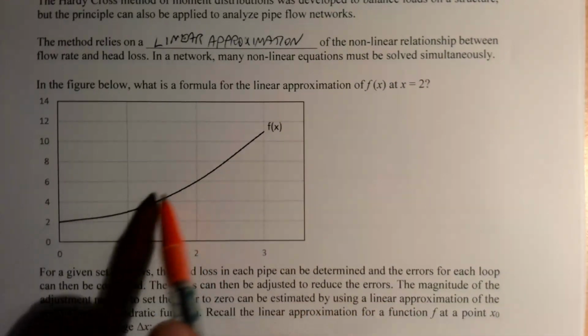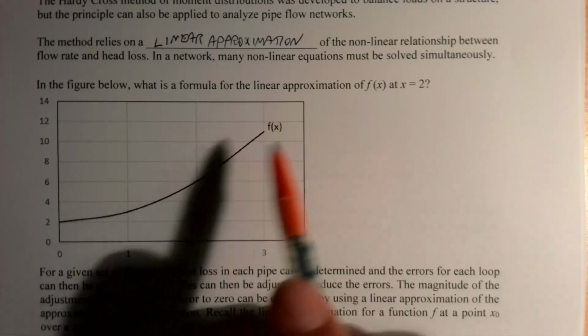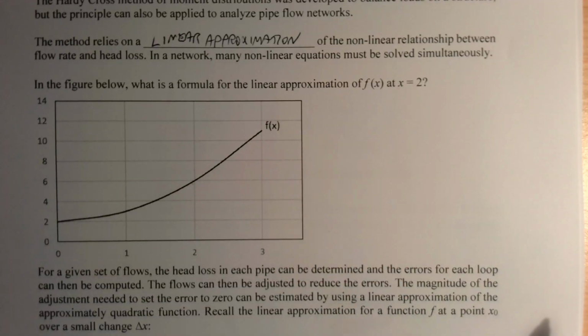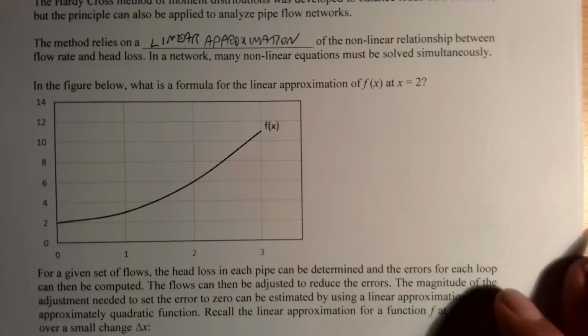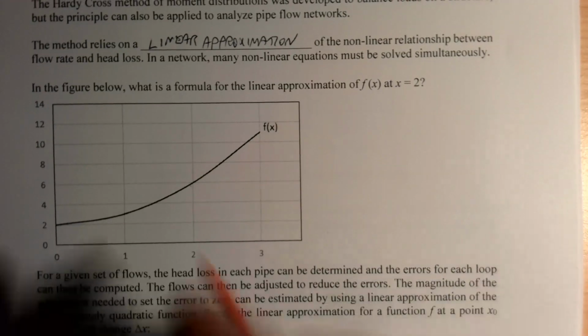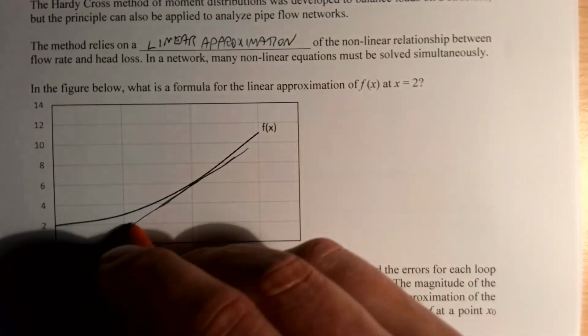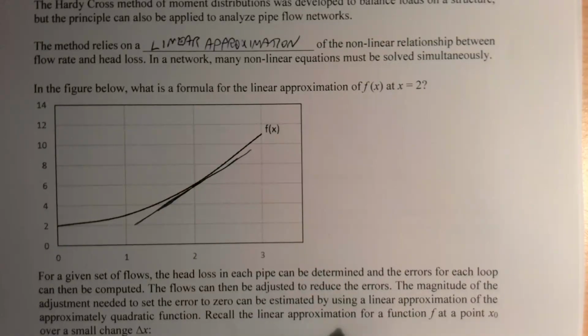We can see that it's nonlinear because it's curving. If it was linear, it would be straight. If we look at this point, then the linear approximation would look like what? Remember that it's the tangent to the curve there, the straight line. So this is the linear approximation.